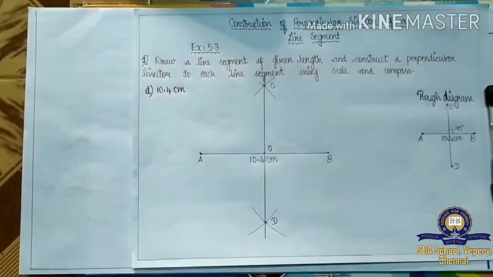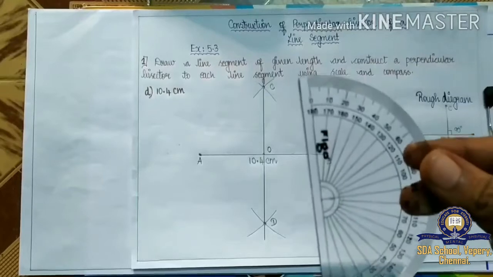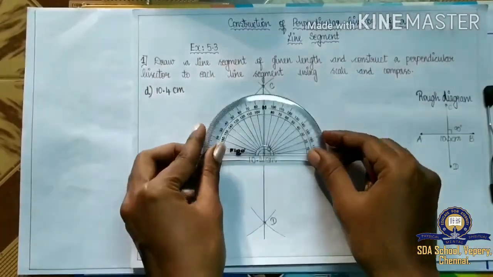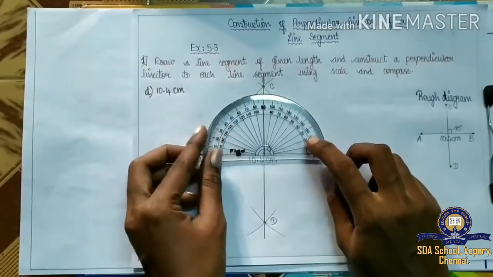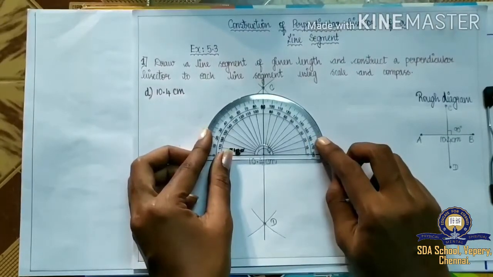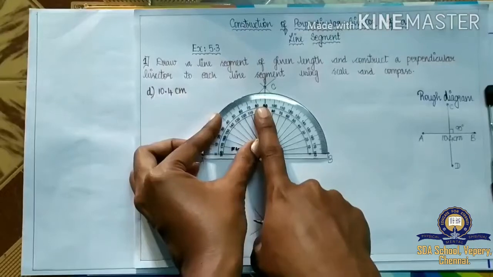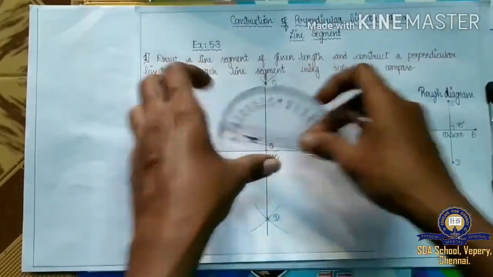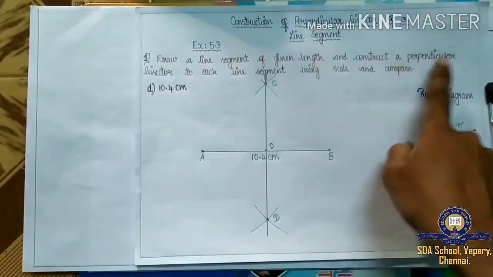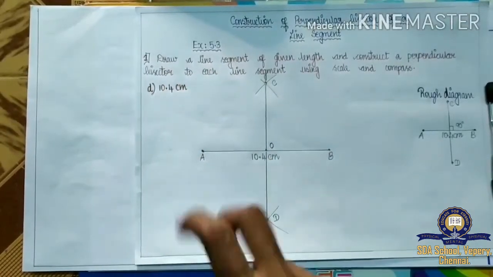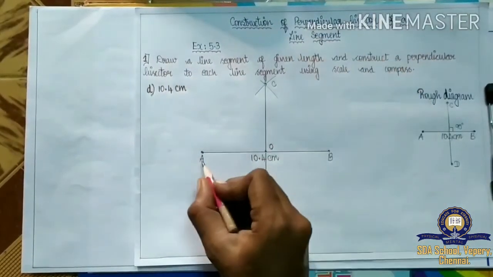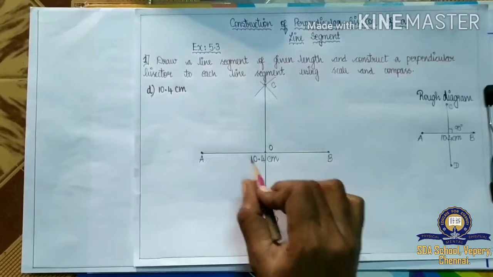For that, take a protractor. The perpendicular line is 90 degrees, right? So keep that at point O. See, it is 90 degrees. And the perpendicular bisector makes two equal parts, right? So AO and BO are equal.